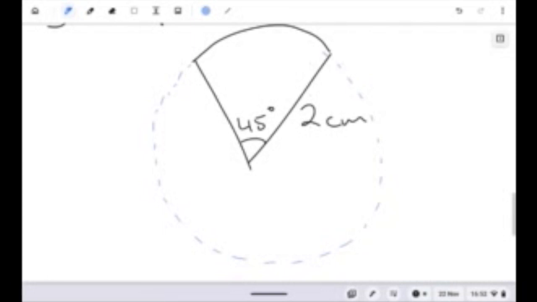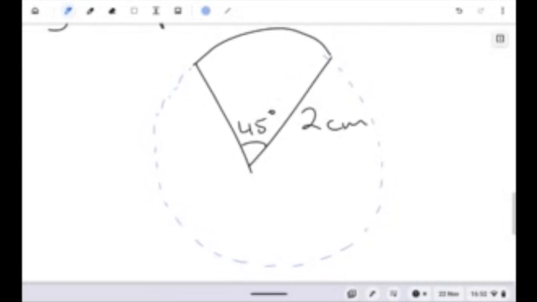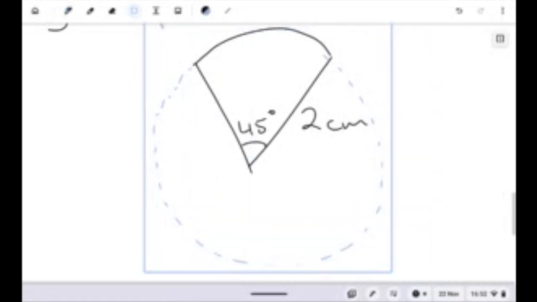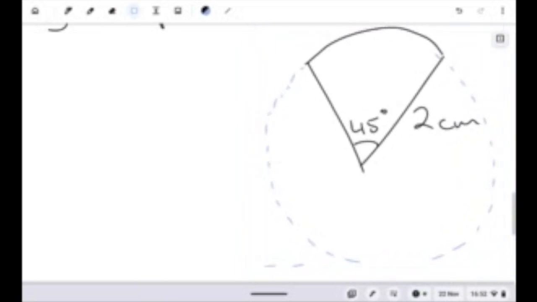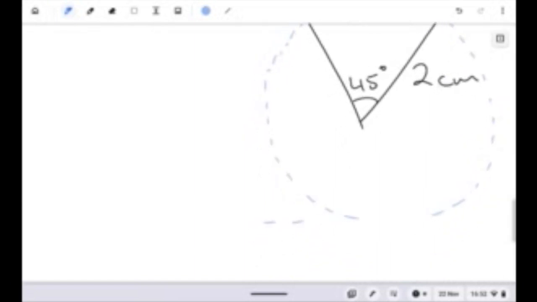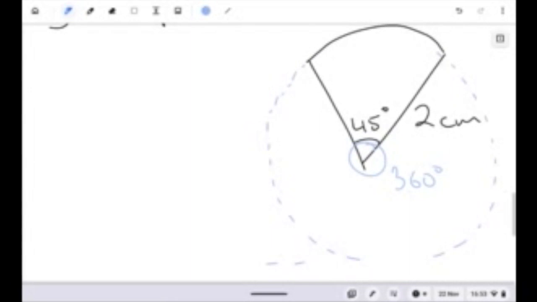I know it's a poorly drawn circle, but by considering this, I can now think of how I could set up this fraction. What 45 would be as a fraction of 360 degrees. The revolution. So if you remember from earlier geometry, a revolution is 360 degrees. And all these circular angles add up to 360 degrees.